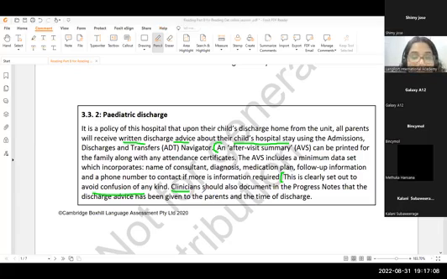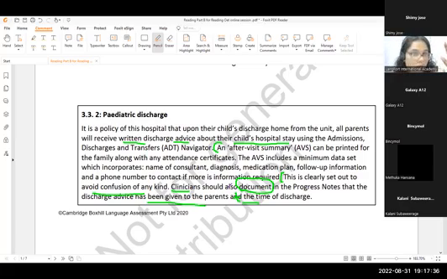Then they also told clinicians, doctors and clinical staff, should also document. They should keep a note in the progress notes that the discharge advice has been given to the parent at the time of discharge. So at the time of the discharge, in the progress note, they also have to make a note that the parents have been given discharge advice.